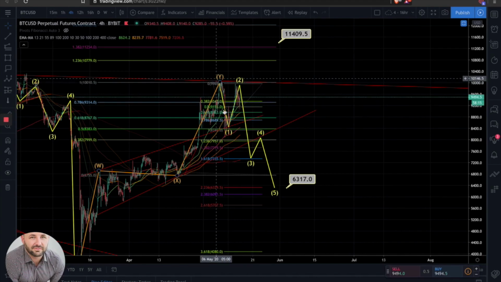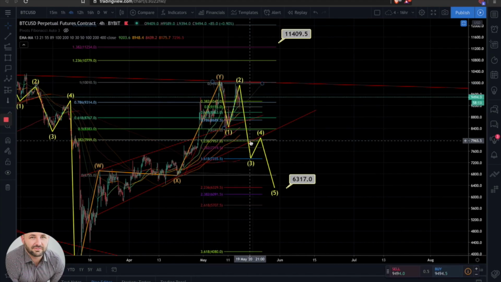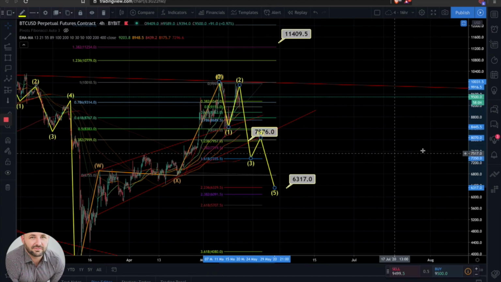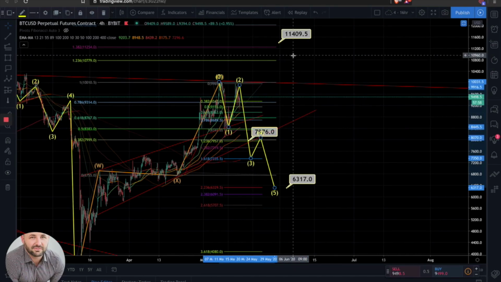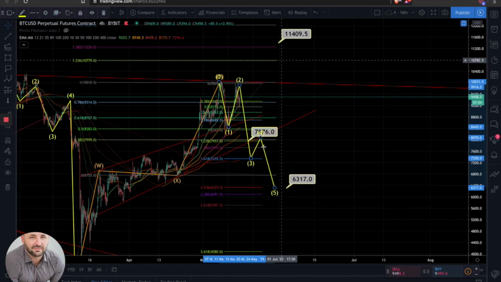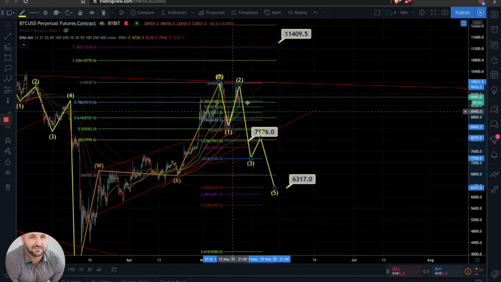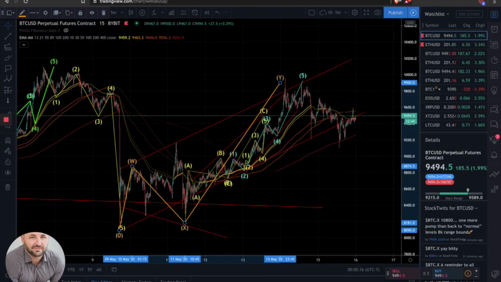And then this could either be a C wave, where we come back down and test the 1.236 right back down there at about 8K, making this a 3-wave move here for another 5-wave to get us back up towards that 11,500 for the bull count. So right here is what we want to pay attention to, but this does look like a 5-wave move here. So let's look at the 15-minute and see what that's telling us.